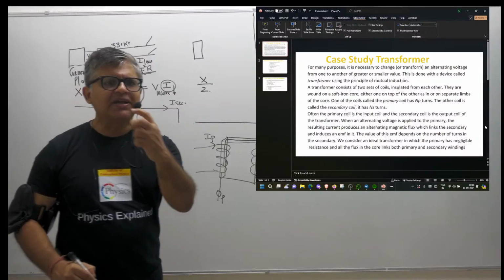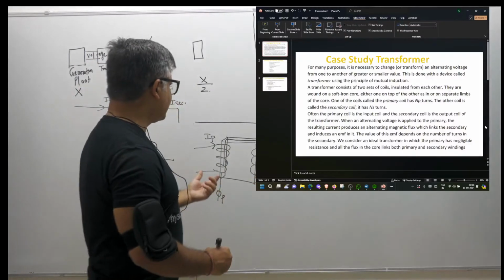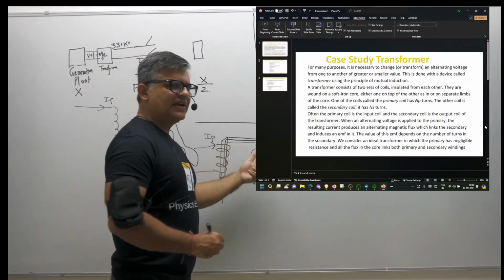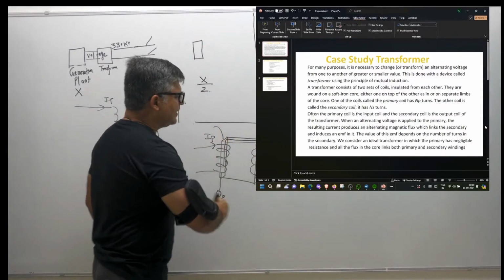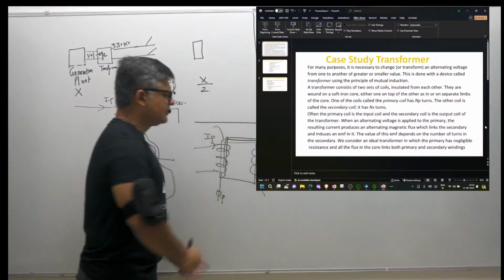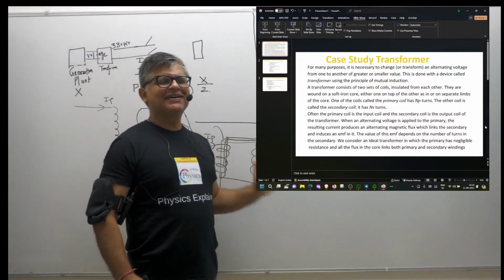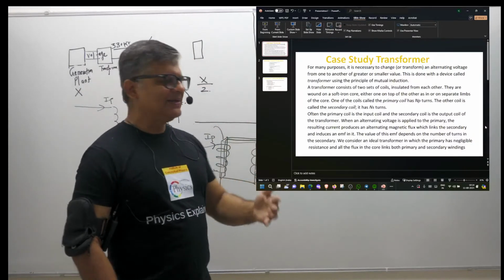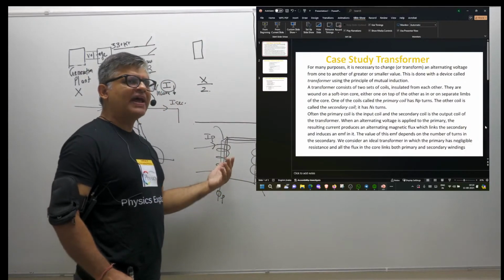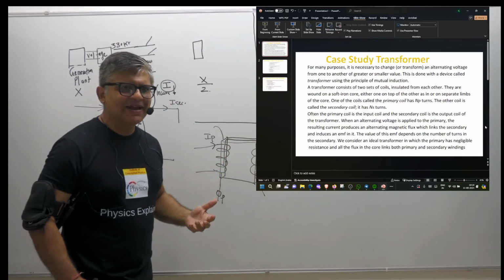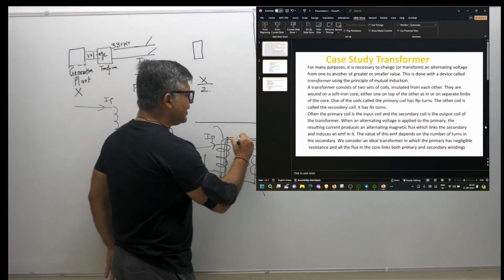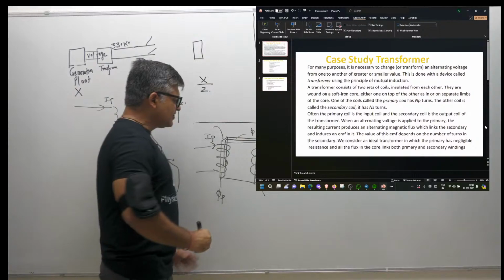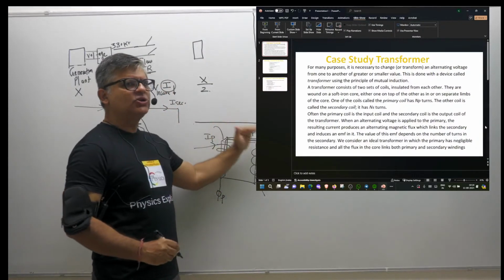There are two circuits here. When we say there are two coils, we are saying there are two magnetic circuits, circuit number 1 and circuit number 2. Circuit number 2 is the secondary coil. Circuit number 1 is the primary circuit. Electric circuit? No. Magnetic circuit. Because what we are talking about is the flux which is traveling from one circuit to another.